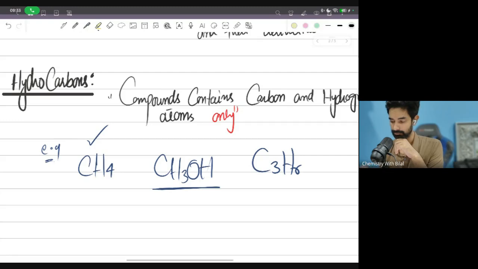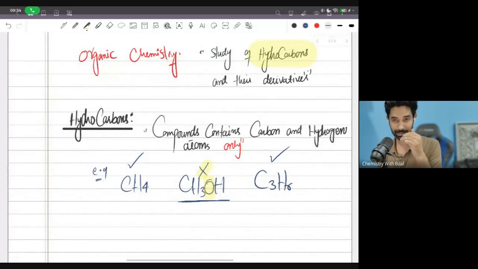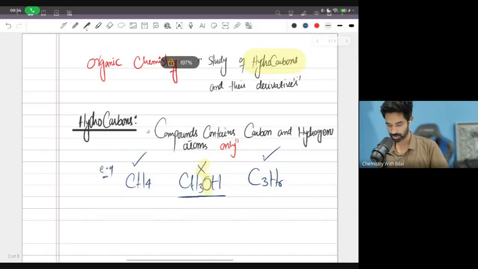Because it has oxygen. Excellent. Whenever something contains any atom other than carbon and hydrogen, it is not a hydrocarbon. This is not a hydrocarbon, and of course this one is a hydrocarbon. I hope you understood the basic definition: something that contains carbon and hydrogen atoms only is called a hydrocarbon.